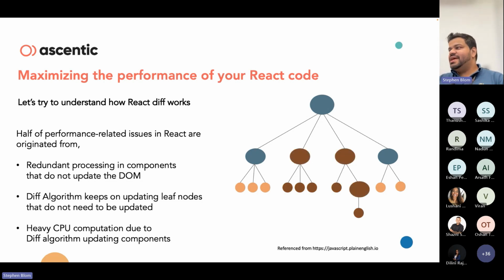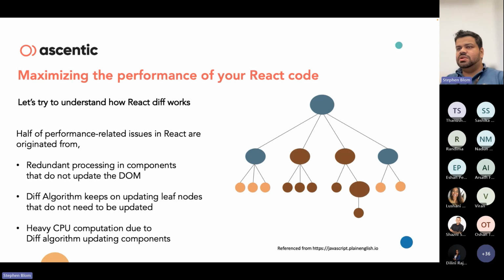As you see on the right of your screen, you can see a DOM tree. That's technically how React would represent the actual browser DOM that we see. React has this concept called virtual DOM, which I believe most of you are familiar with, and you could get more information from the web.